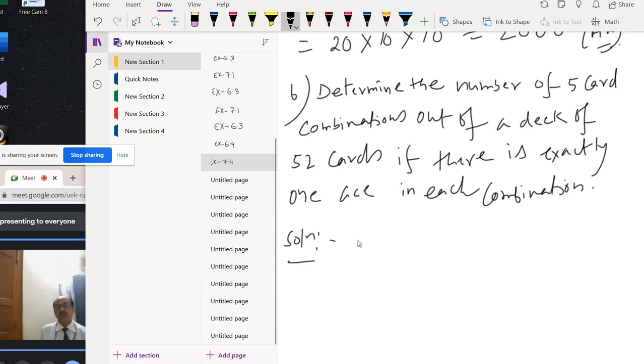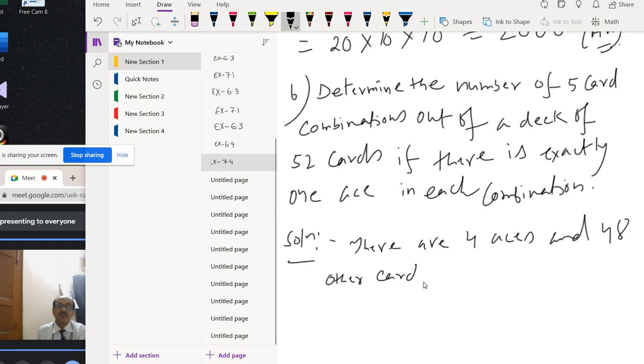Out of 52 cards, there are 4 aces and 48 other cards.